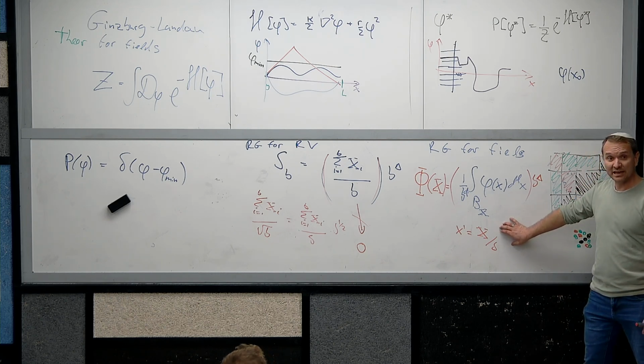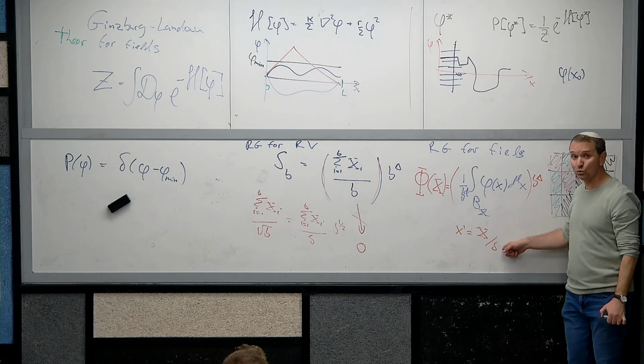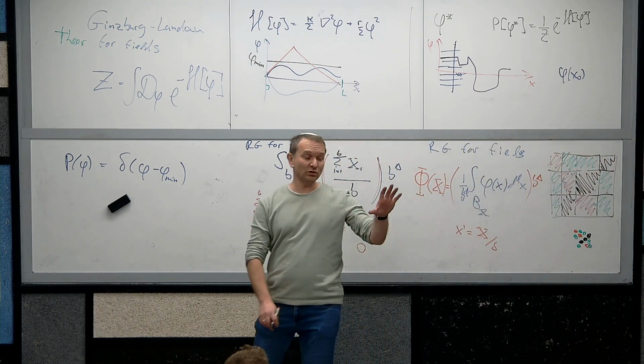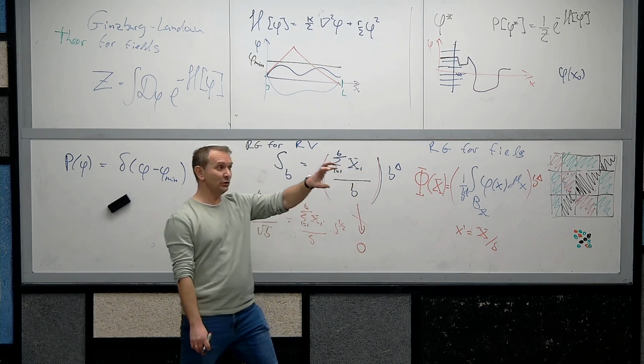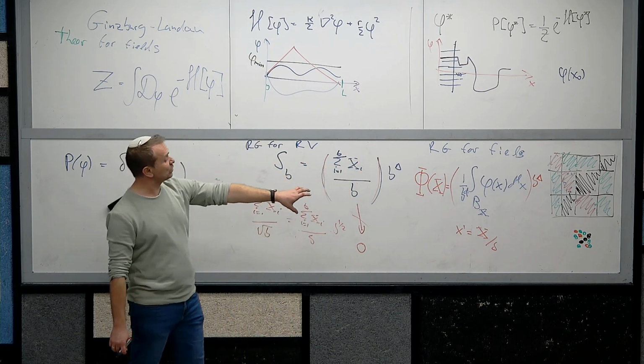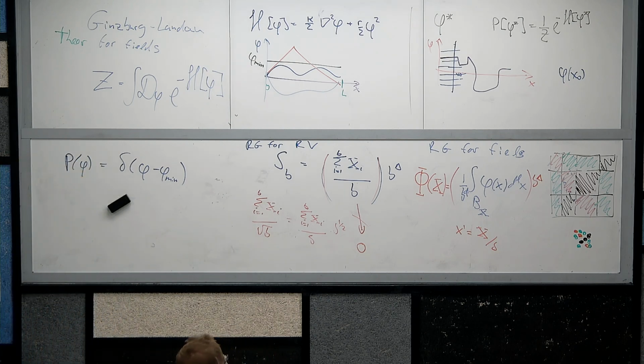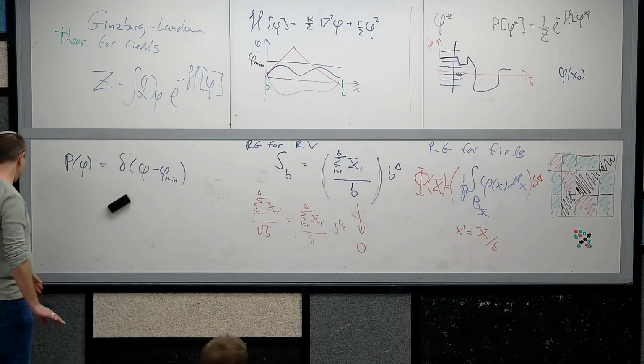We'll see exactly why. So this additional step is crucial. Your perspective has to be changed. It's like you're looking at a system, you coarse grain, you zoom out, and then you look at your system again. Okay, so this is a single RG step.